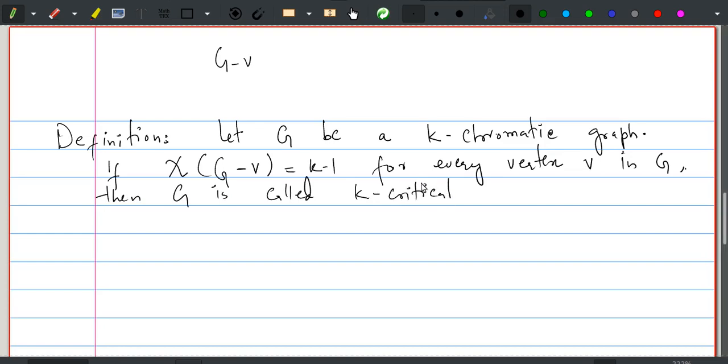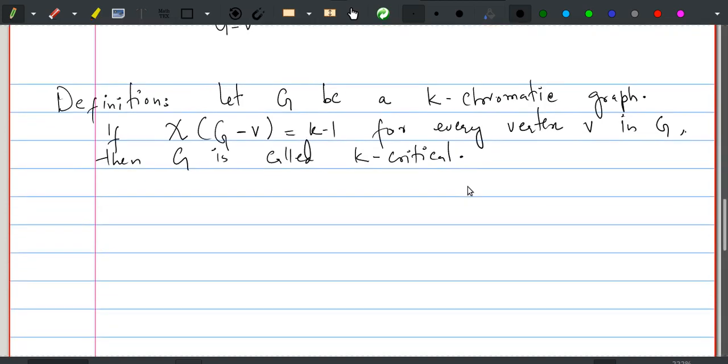So this is called a k critical graph. Now let us give an example of a 4 critical graph. Let us consider a graph on 7 vertices.